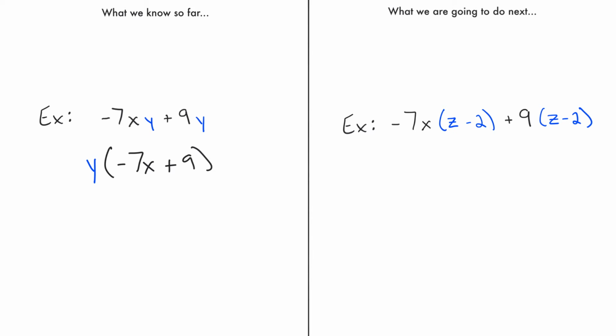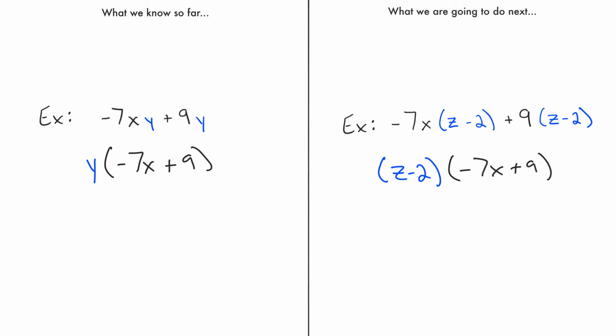So this would become z minus 2 times negative 7x plus 9. Again, all I did is replace this y with z minus 2. So in the same way that we could do GCF with a y in this problem, we should be able to do the exact same process with a binomial.